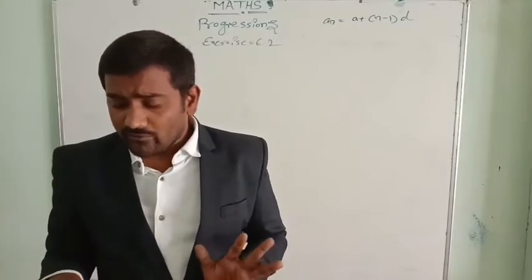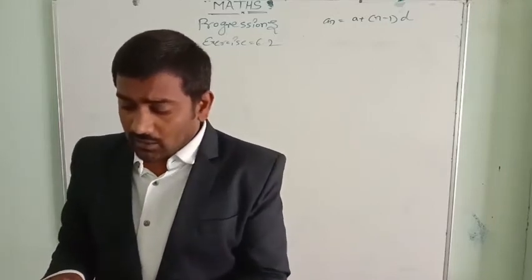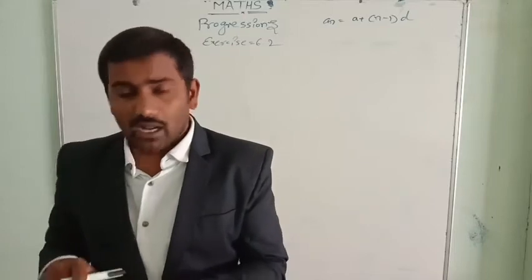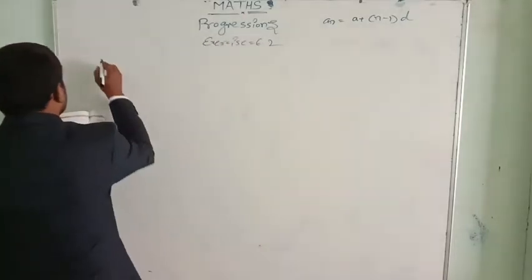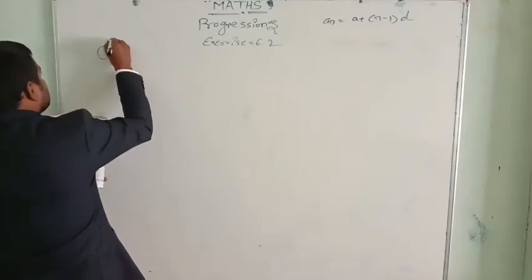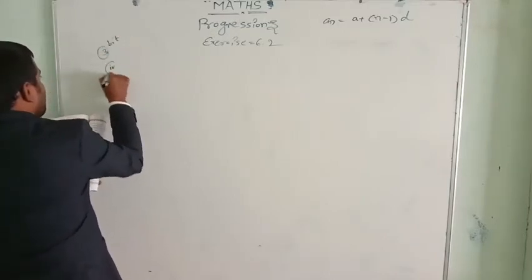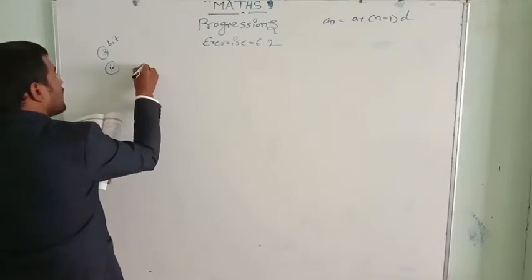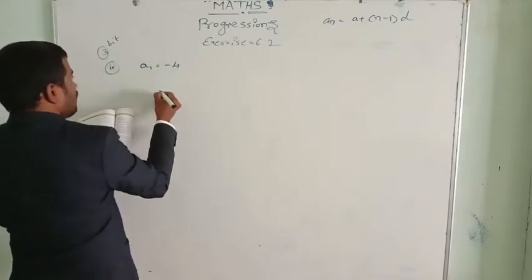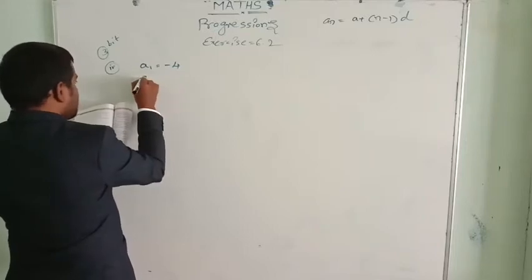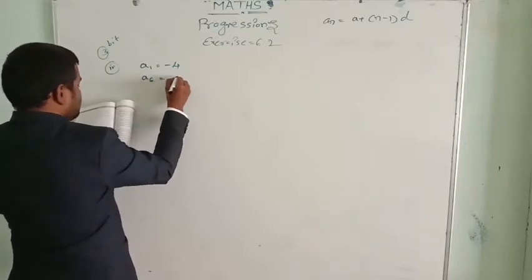I will be going for the 4th one and also the 5th one. Let me go for the 4th question. Third bit, 4th question: here A1 equals minus 4 and they have also given A6 equals 6.